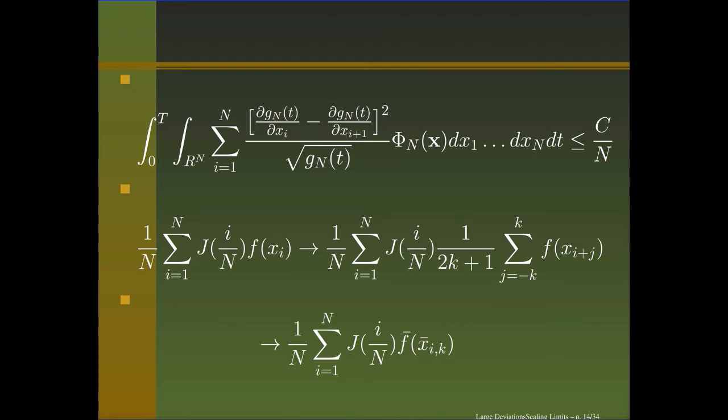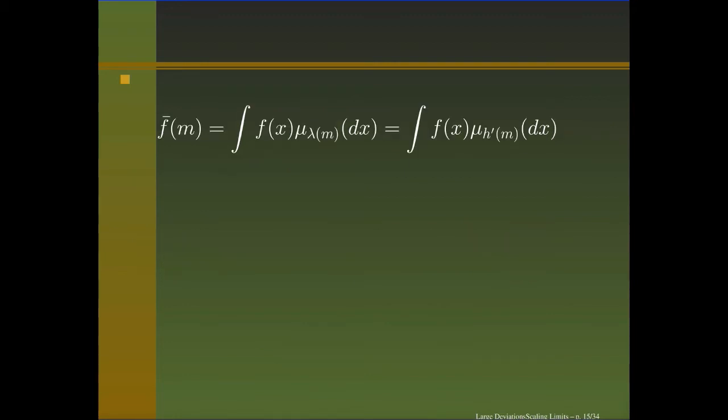And therefore you can compute the average of f as just f bar of x bar i,k, where f bar is defined as the integral of f with respect to the tilted lambda, and the amount of tilt is determined by m, basically.